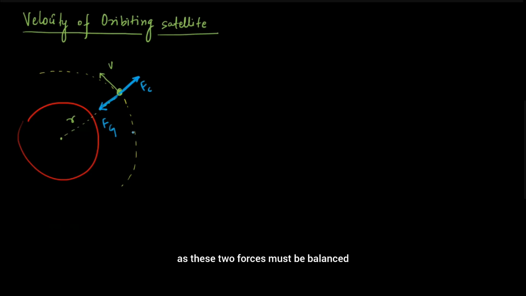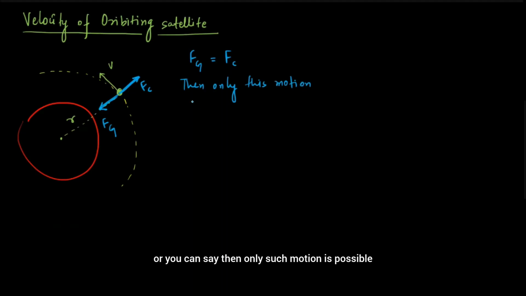These two forces must be balanced, or this thing can only rotate if these forces are balanced. If these are not balanced, it must not rotate. And we do see that satellites do rotate. So what we actually did at that point, we tried to balance out these two forces. So if Fg is equal to Fc, then only such motion is possible.